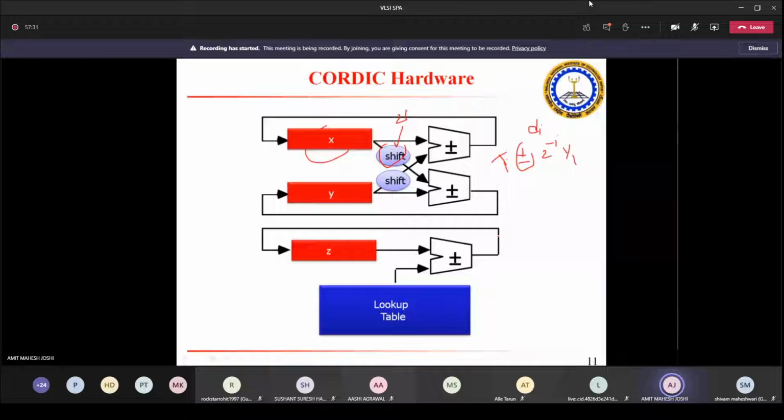Now whether you need to consider a plus alpha or minus alpha, for that, every time this lookup table is nothing but my alpha 0, alpha 1, alpha 2. So the standard values: alpha 0 is 45, alpha 1 is 26 point something, this is some 18 point something. These are the standard values.